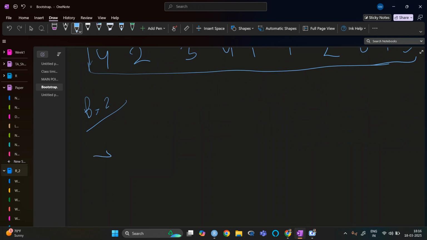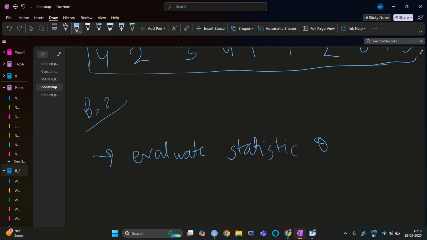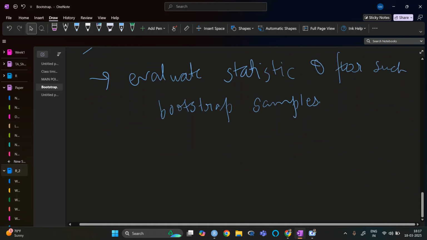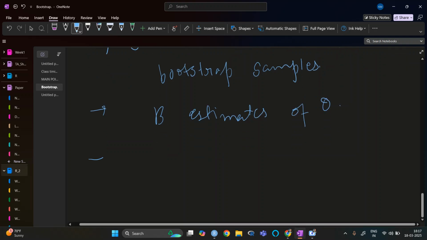After that, we evaluate the statistic theta for such bootstrap samples. Okay. And so there are b bootstrap samples, so there will be b estimates of theta. Okay, so from that we will find the statistical inference.